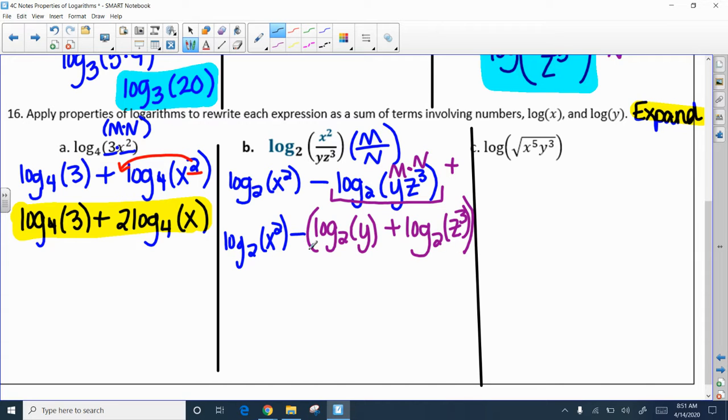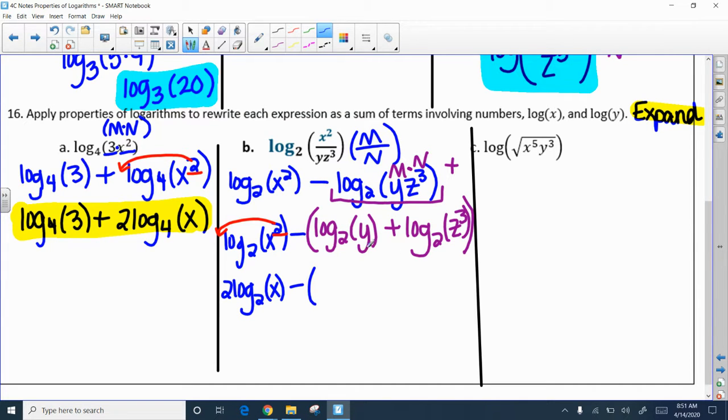So I've used the two properties with the subtraction and multiplication, but I still need to deal with exponents. So this first expression has an exponent. So this 2 can go in the front. So I can rewrite this as 2 log base 2 of x. Then I'm subtracting, and remember this is all in parentheses.